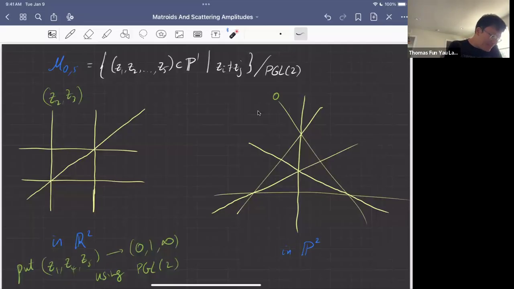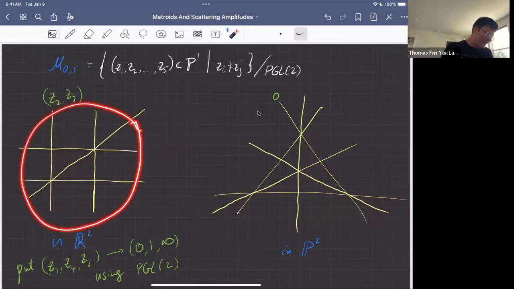So M05 is this picture. I've drawn the real points here, but when I say M05, I typically mean the complex points. So by the hyperplane arrangement complement, I will mean the complex points of this picture. You could also draw it in P2 rather than in affine space. Now I put back in the hyperplane at infinity, which is out here really far.